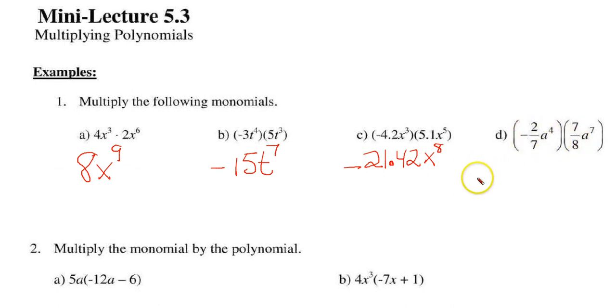The sign is going to be negative. This 7 will cancel with this 7, and we can take a 2 out of there and a 2 out of there. So we get a negative 1/4 a to the 11th.